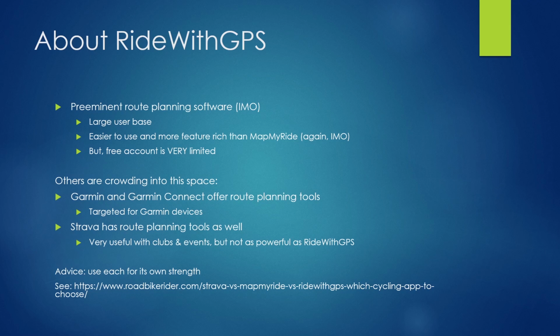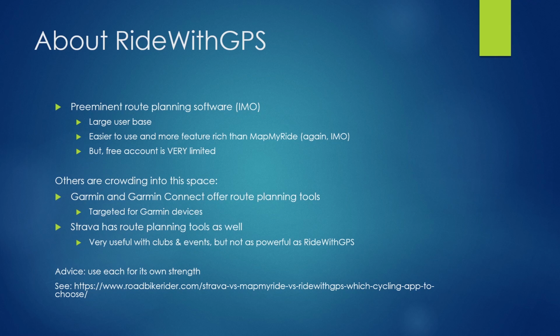And Garmin is better integrated with Garmin devices and seeing the numbers that you get from them. There's a link down here at the bottom to a very nice write-up on Road Bike Rider that compared all three. It came out saying that of the three, each has its place, but Ride with GPS really is the preeminent software if you're creating routes.